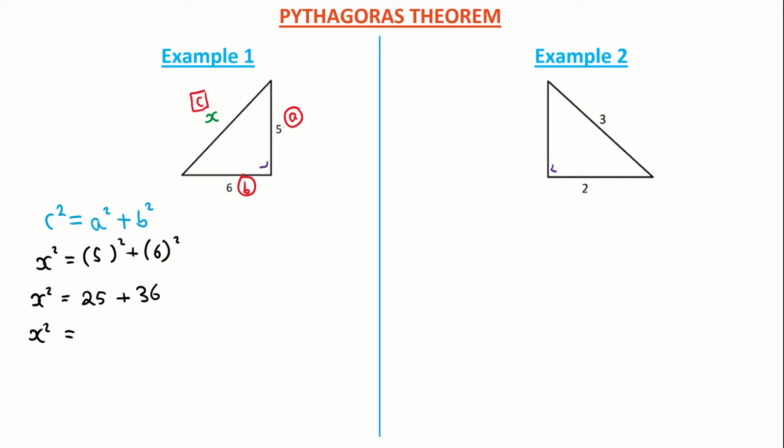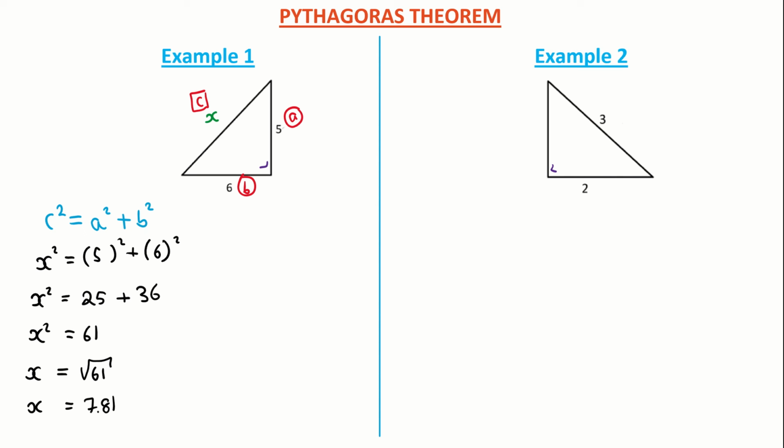So adding the 25 and the 36, that gives us 61. To get the x on its own, we need to get rid of the square, so we need to do the square root of both sides. So that's leaving me with x equals the square root of 61. You can turn that into decimal if you wish, which is giving us 7.81 as a decimal. So that's example 1 done.